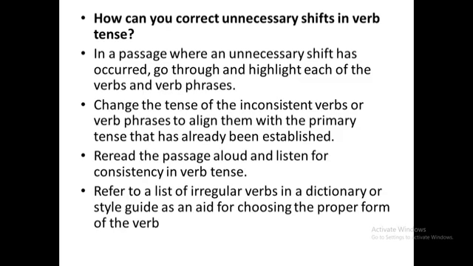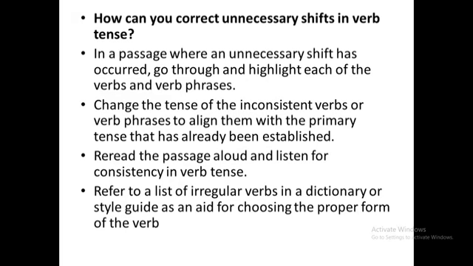In a passage where an unnecessary shift has occurred, go through and highlight each of the verbs and verb phrases. So these are the points on how you have to correct unnecessary shifts in verb tense. This is number 1. Number 2 is change the tense of the inconsistent verbs or verb phrases to align them with the primary tense that has already been established.